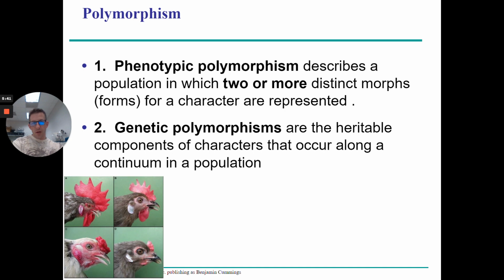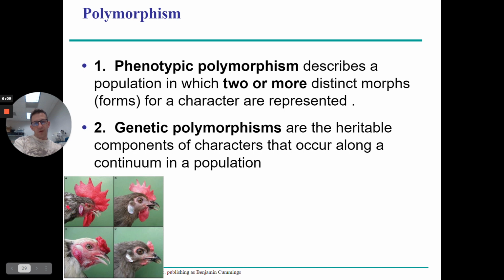Polymorphisms. Polymorphisms are describing a population in which two or more distinct morphs or forms for a character are represented. So in this case, phenotypic polymorphisms describe what the thing looks like. So I've included a phenotypic polymorphism here with the combs and the crests and the beards of chickens.